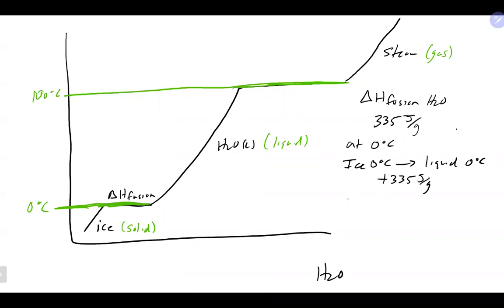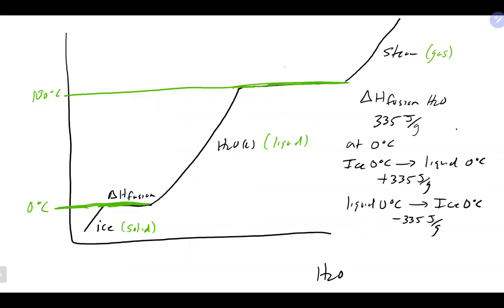If I wanted to take liquid water at 0 degrees Celsius to ice at 0 degrees Celsius, that will require minus 335 joules per gram. It is the exact same number, just the sign is different depending on whether the process is exothermic or endothermic, and negative being exothermic is why we do that in that particular case.